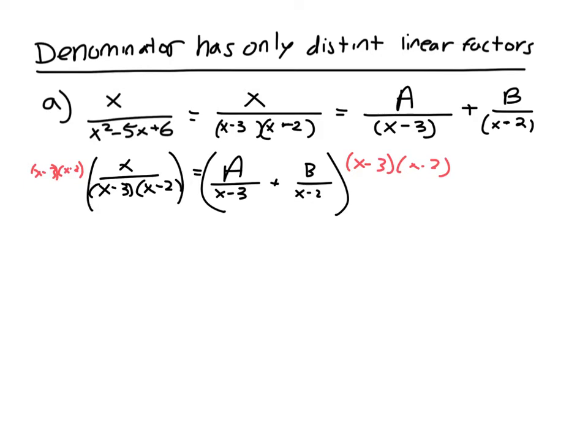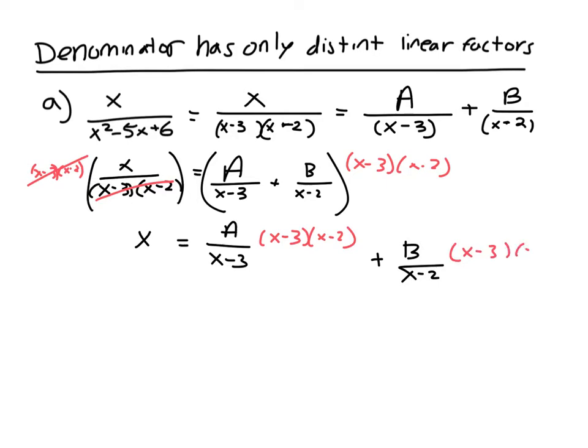On the left-hand side, these two will cancel, and I'll be left with just x. On the right-hand side, when I distribute, I'll have a over x - 3 multiplied by (x - 3)(x - 2), plus b over x - 2 times (x - 3)(x - 2). Okay, so this cancels and this cancels. So I'll be left with a times (x - 2) plus b times (x - 3).